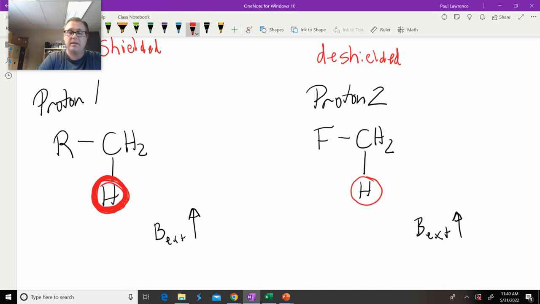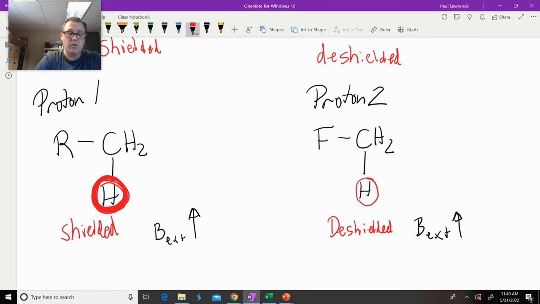Okay? Whereas the hydrogen on the right, or proton 2, is going to have less electron density. So proton 1 is going to be considered shielded. Okay? And the proton on the right is going to be deshielded. Okay?